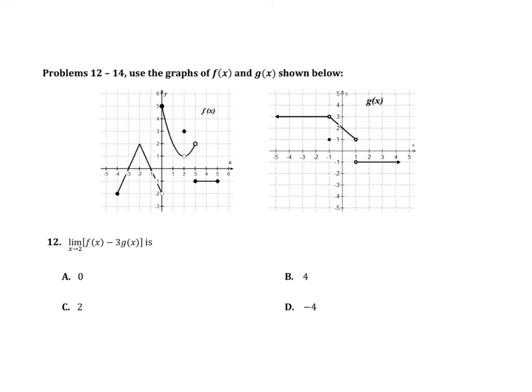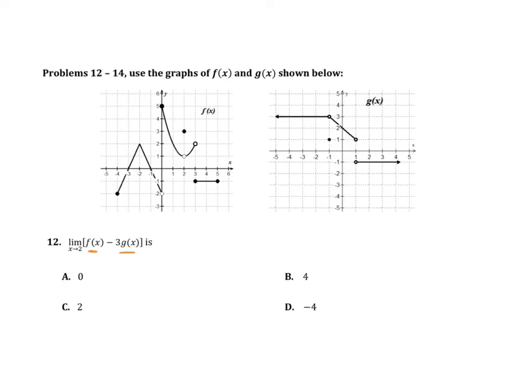Okay, so for our next problem, we're looking to see this limit value, and we're going to have to use our 2 graphs in order to do so. So we have the limit as x approaches 2 of f of x, and then minus 3 times g of x. So with our limit properties, let's see, what is the limit as x approaches 2 for f of x?